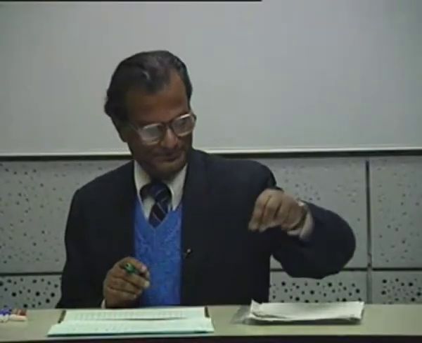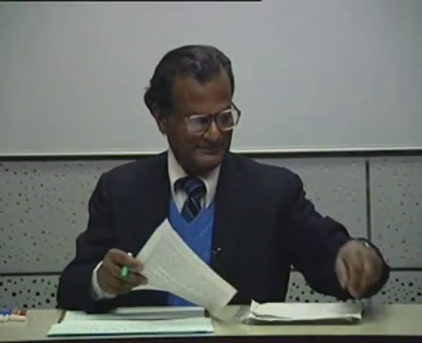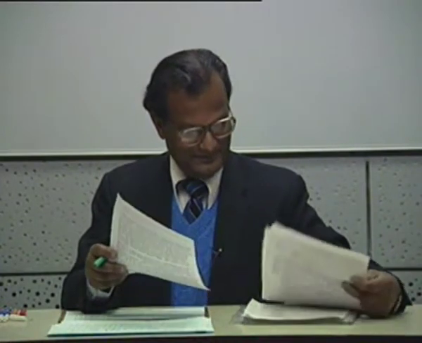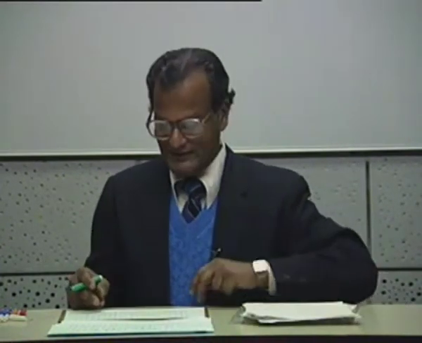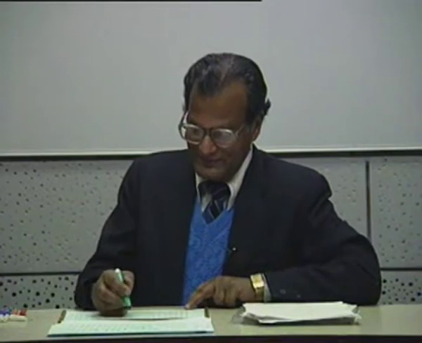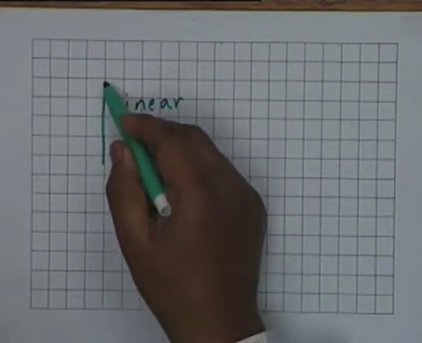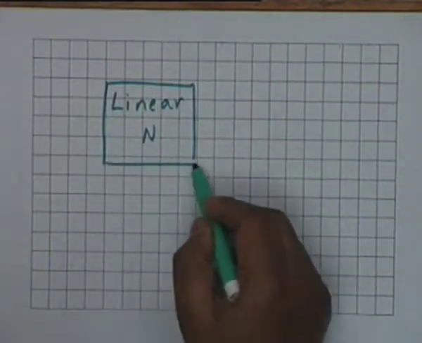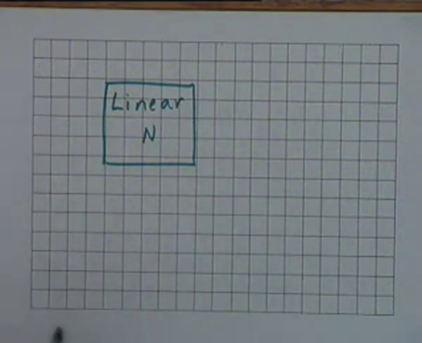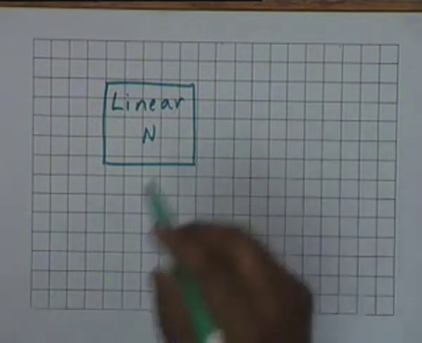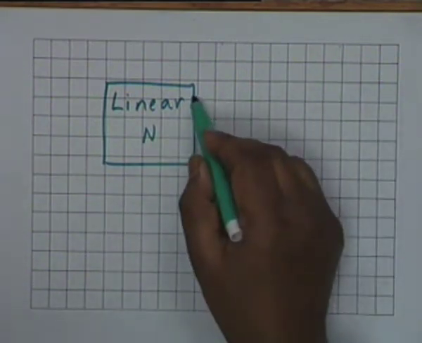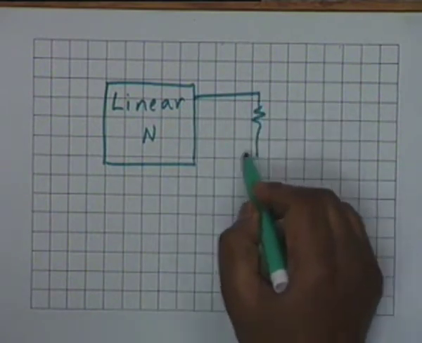Good. Now let us take an example. This example concerns, I want you to follow this carefully. This is the first acquaintance with the style of analysis that we shall adopt in electronic circuits. We have a linear network N which is feeding a nonlinear resistor Rn.